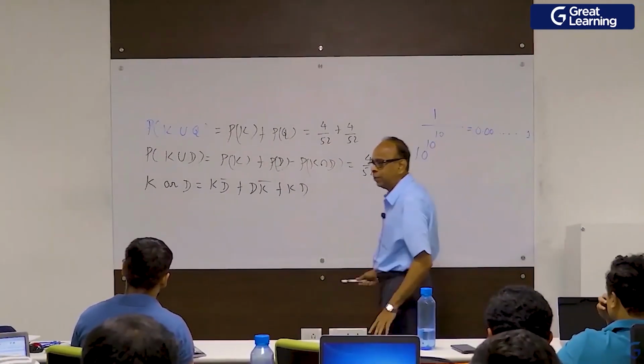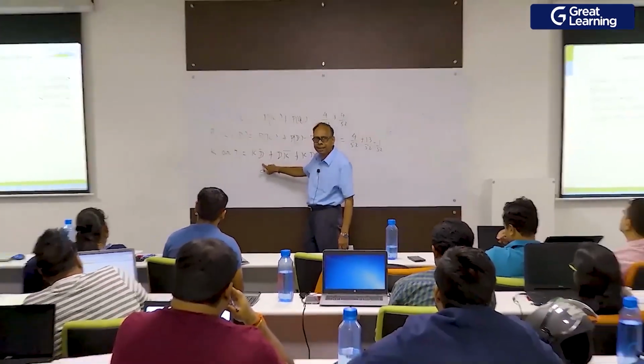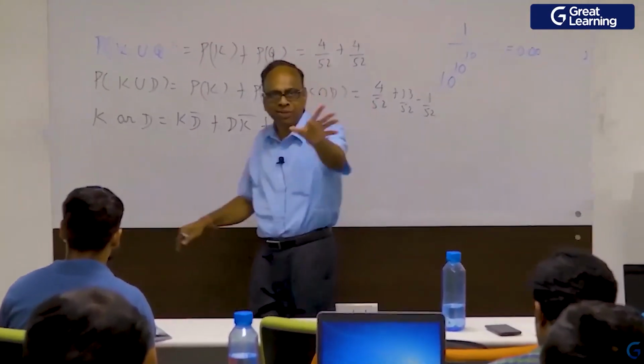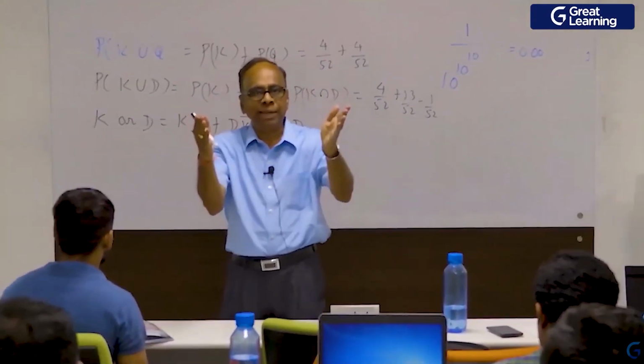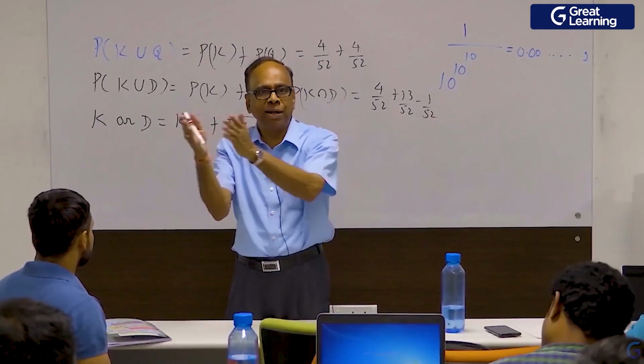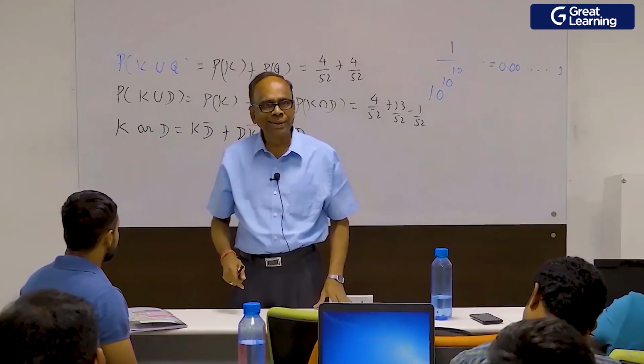K or D is equal to, either K will occur, in which case D will not occur, that is D bar. D plus D bar is equal to 52, the cards. It's a frequency. If you are using frequency, D plus D bar is equal to 52. If you are using probability, D plus D bar is equal to 1.